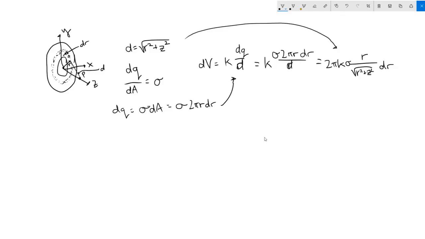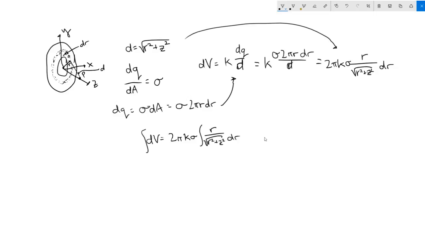Okay, so I'm going to go ahead and rewrite the whole thing down here. So dV equals 2 pi k sigma r over the square root of r squared plus z squared, dr. Okay, and now we integrate this.